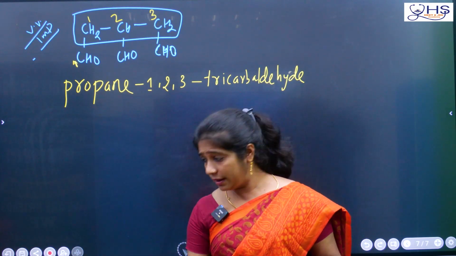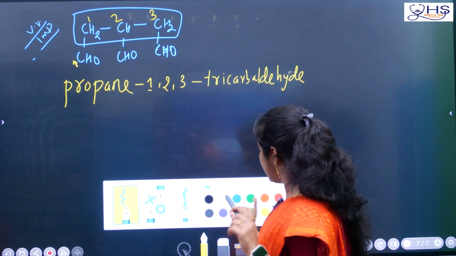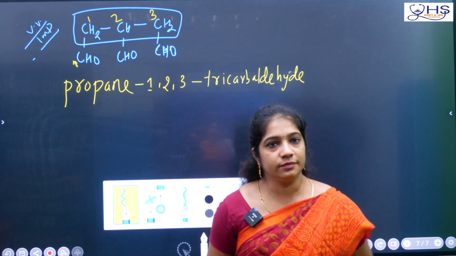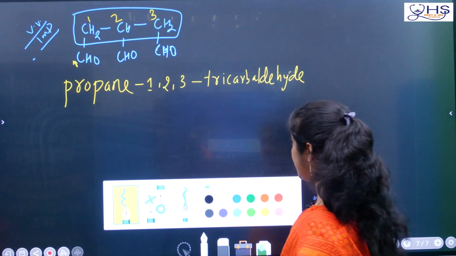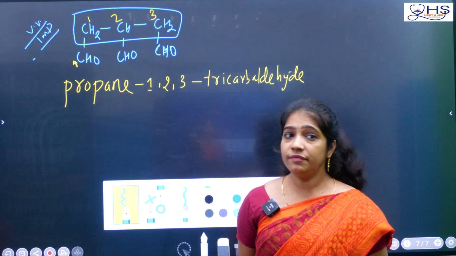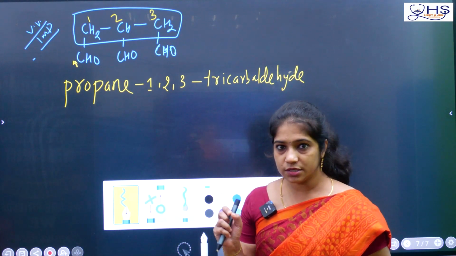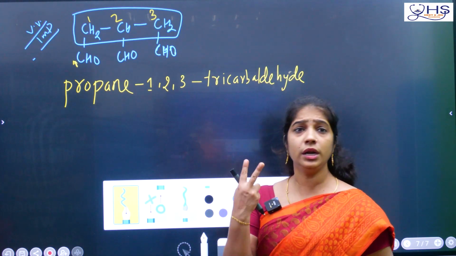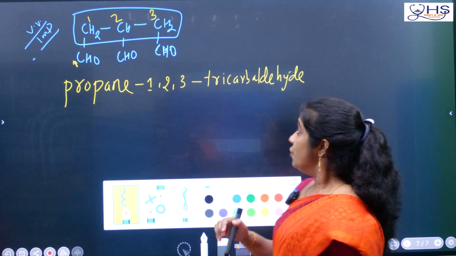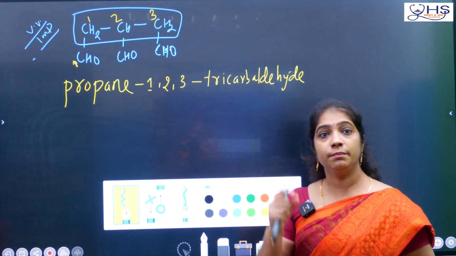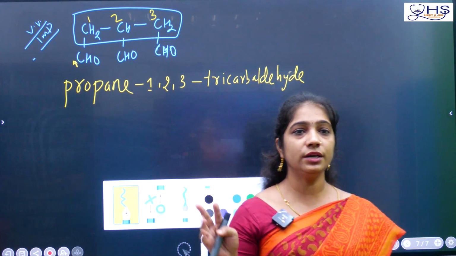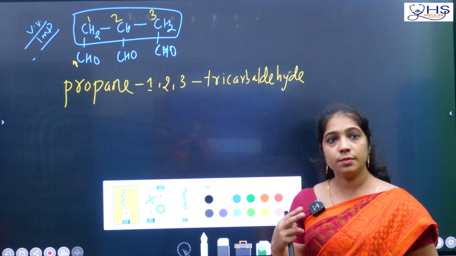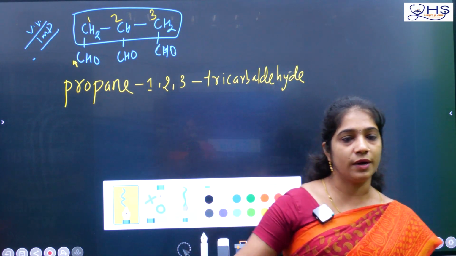So please remember very carefully, the normal suffix of aldehyde is al, but the special suffix of aldehyde is carbaldehyde. Everywhere we cannot use the special suffix. Where will we use the special suffix? Only in 2 cases. One is when we have the symmetrical system, when there are more than 2 functional groups, we cannot show partiality to 1 or 2 functional groups.